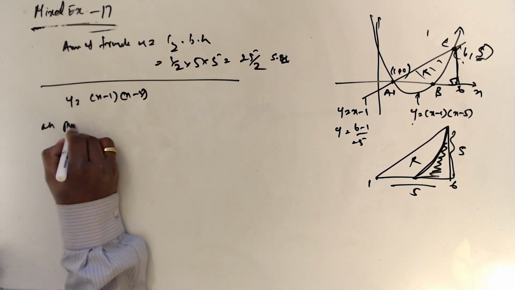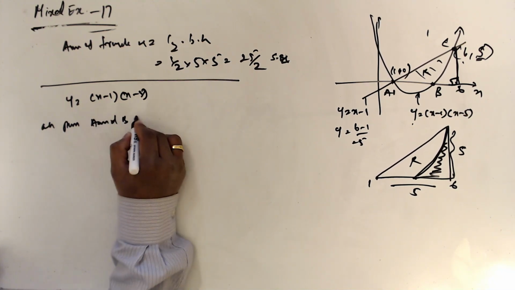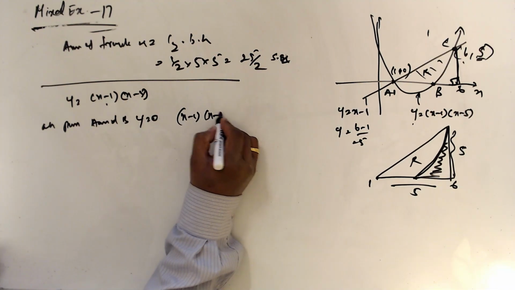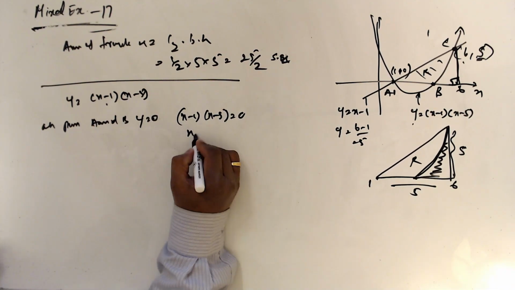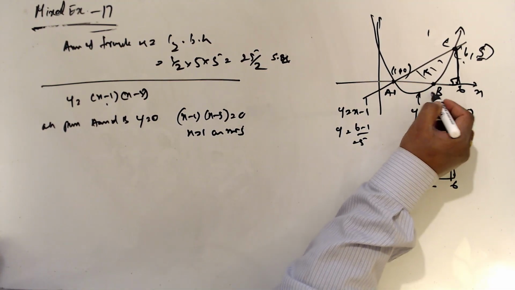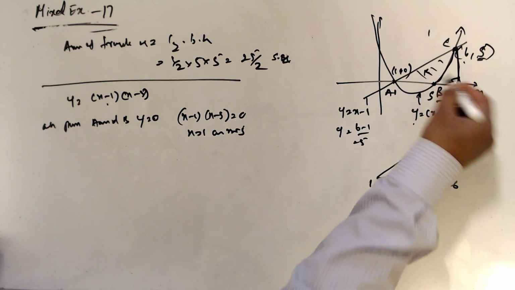At point B, y equals 0. Hence x minus 1 times x minus 5 equals 0. x equal 1, no, x equal 5. So this point is 5. Now from 5 to 6 I need to integrate this curve.